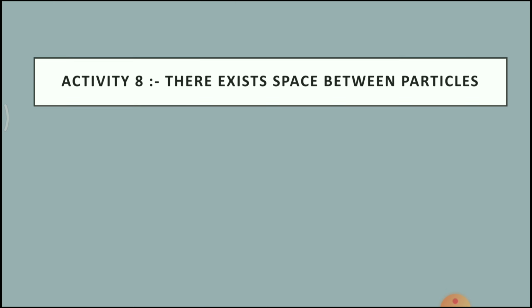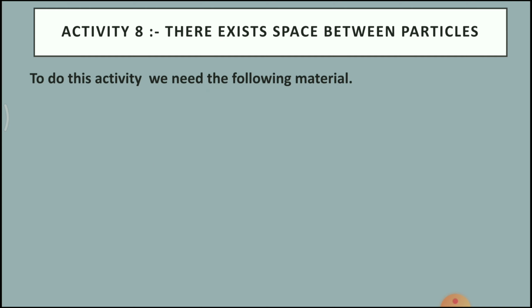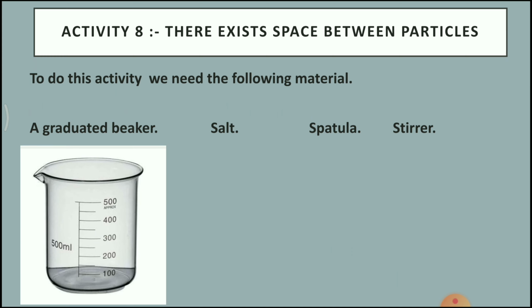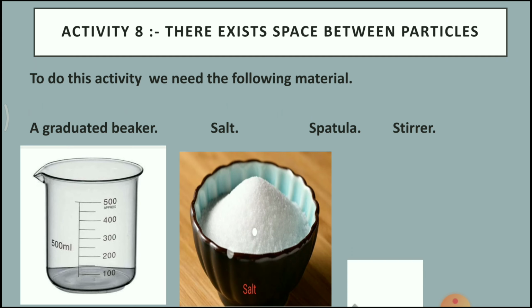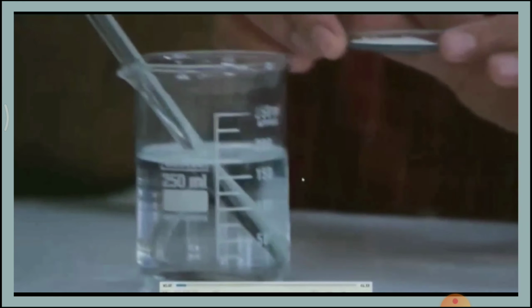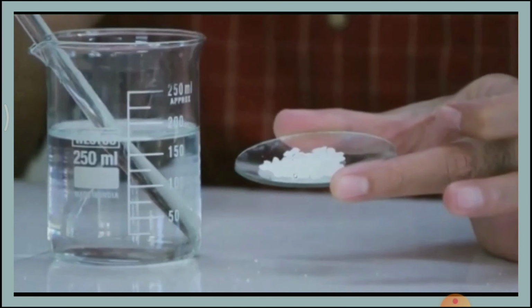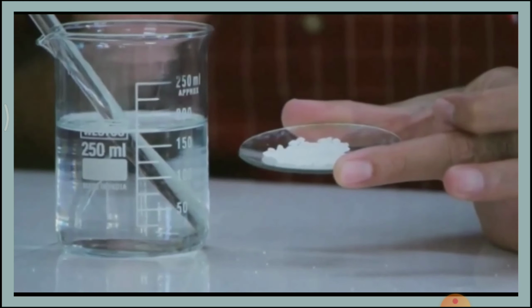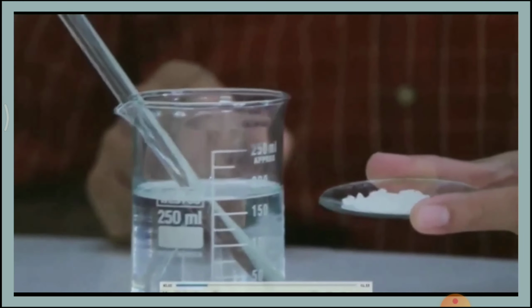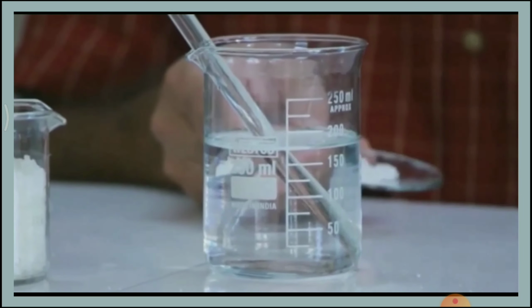Activity 8. There exists space between particles. To do this activity, we need the following material: a graduated beaker, salt, spatula and stirrer. Take water in the beaker and mark its level, and see here, crystals of salt, taking in another beaker.